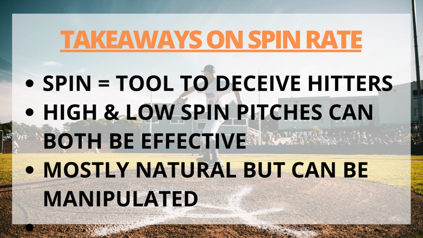You need both high spin and low spin in a pitcher's arsenal, and in turn, in a pitching staff, guys that can throw both. And finally, spin is not necessarily something that you manipulate completely. You can't just decide that you want to be a high spin or low spin guy on certain pitches and just do it. It's mostly natural, but like we saw with Matt Maloney, he does manipulate it a little bit by tucking his thumb.